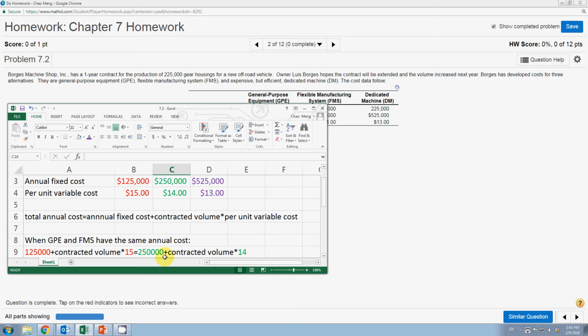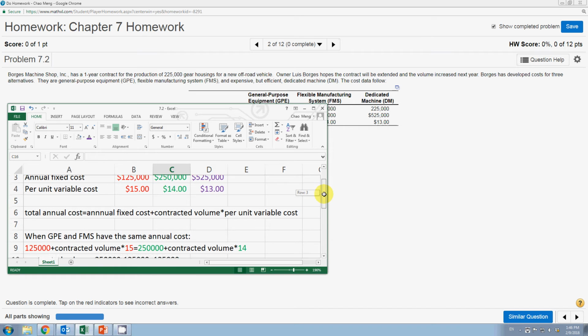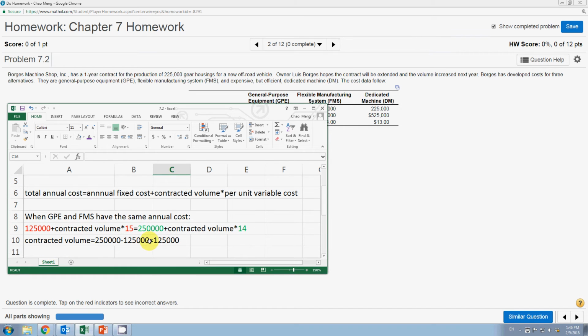So our job is to solve this equation, and then we will have this contracted volume. Okay? So if we do the math, we will have the result. So this is our break-even point. That means when the contracted volume is less than this amount, it's going to be better to use the first option because it has a lower fixed cost.